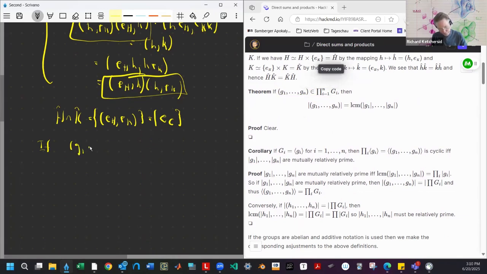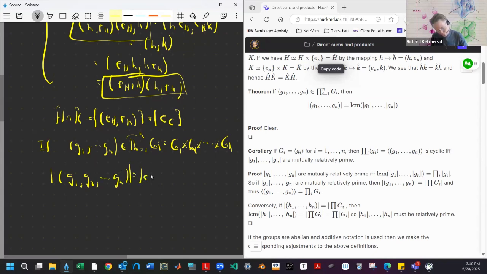So if (g1 through gn) is an element of the product from i equals 1 to n of Gi, so that's a fancy way of writing G1 cross G2 cross through Gn, then the order of this element (g1, g2, etc.) will be exactly equal to the LCM of the orders of g1, g2, etc., gn.